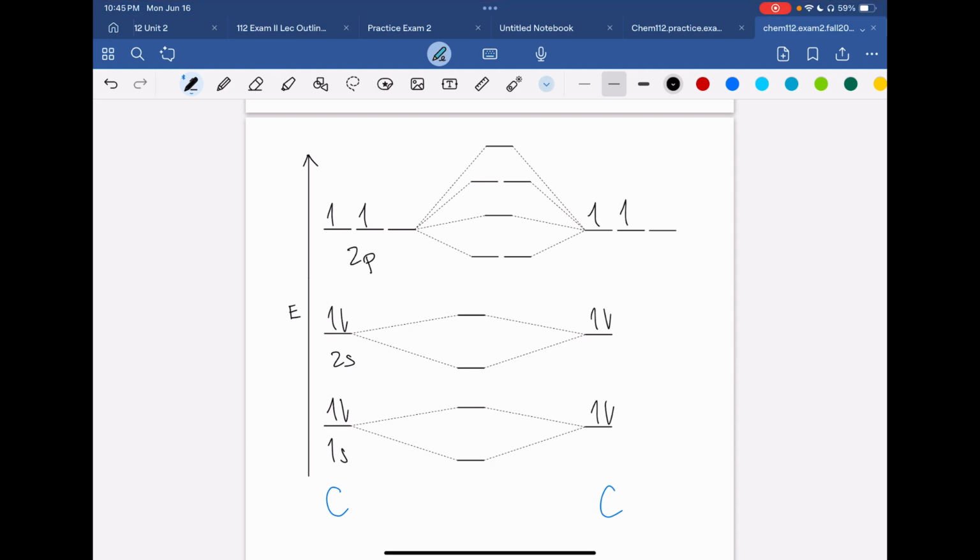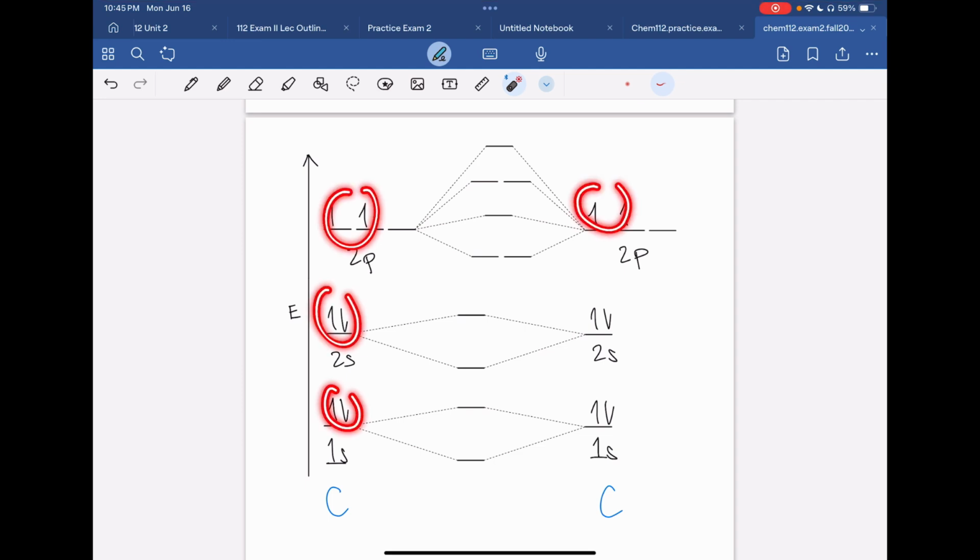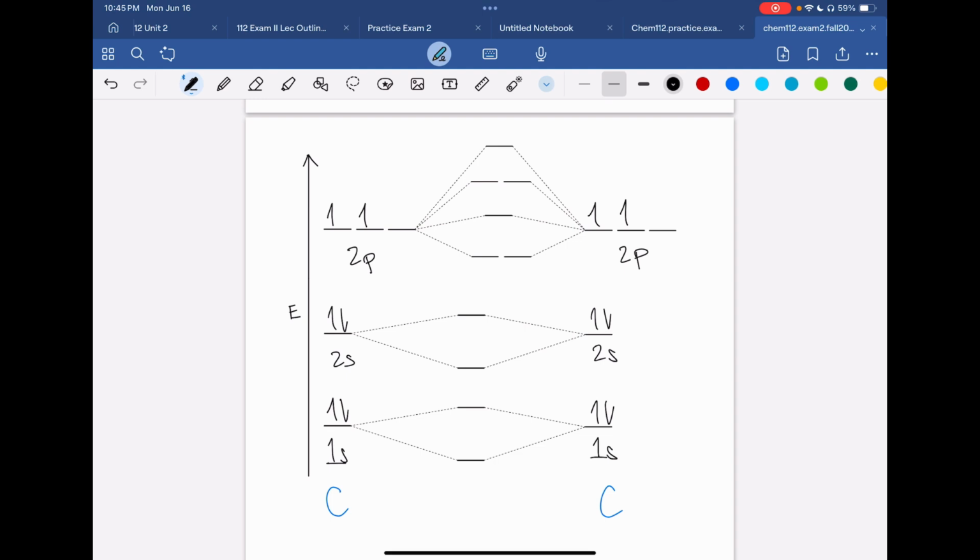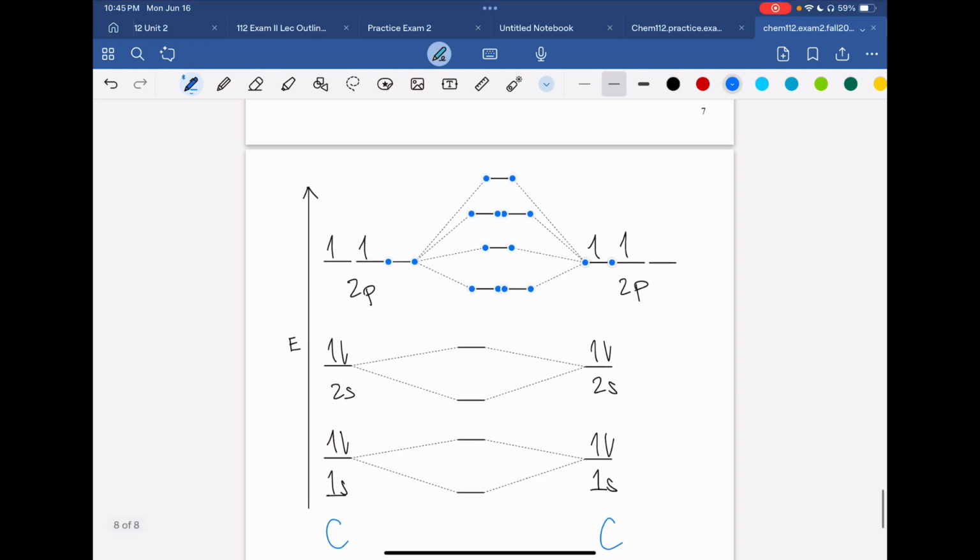Did I say chlorine for the other ones? My bad. Carbon has 6 electrons, so I'll just put 1. Okay, so let's count how many total. 2, 4, 6, 8, 10, 12. 12 electrons total.